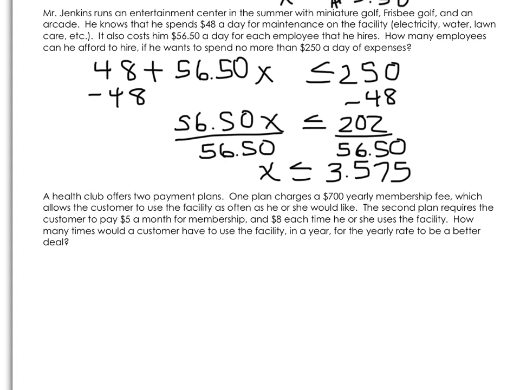Do we want to round this to the nearest employee? He can't hire 4. If we rounded 3.575, that would give us 4, and he can't afford them. So let's just leave it at 3.575, so that he will know that maybe he can hire somebody half-time. He can hire his 3 full-time employees and 1 half-time employee.